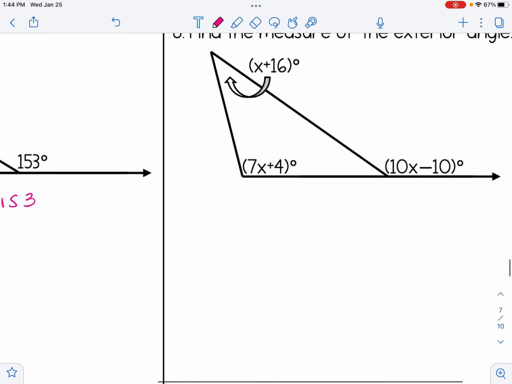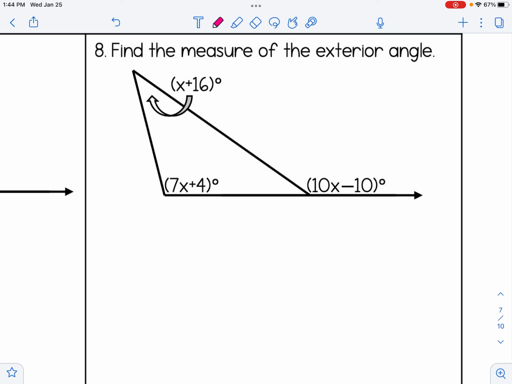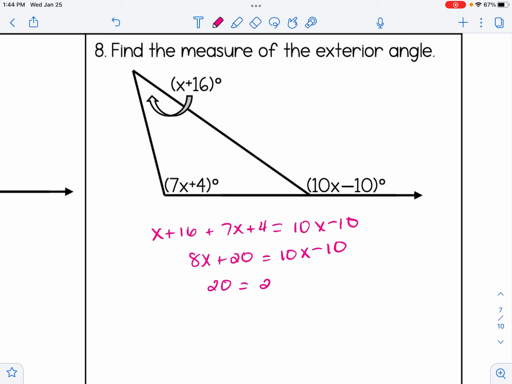All right, finally, our last problem, find the measure of the exterior angle. Once again, the sum of the non-adjacent interior angles is equal to the exterior angle. And we're going to work through the algebra, combining like terms, and then trying to get the variables on one side and the numbers on the other.